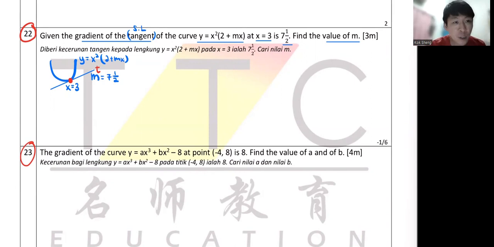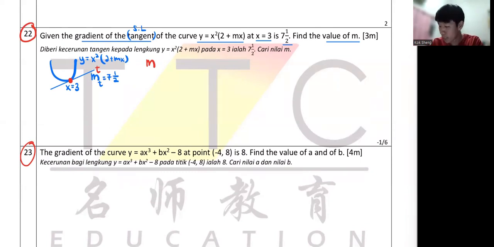Okay, we can start already to find m. Based on the picture here, actually, it seems like nothing we can do here, right? But yes, the gradient of the tangent is right here. The m just now, maybe I make it clearer: MT, the T stands for tangent.